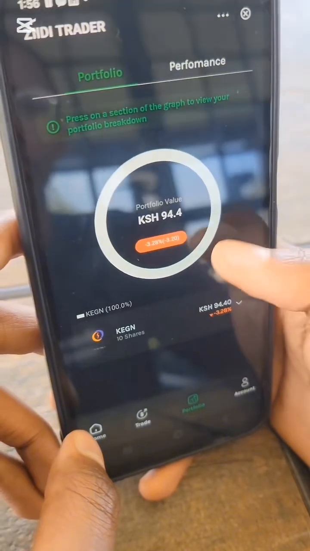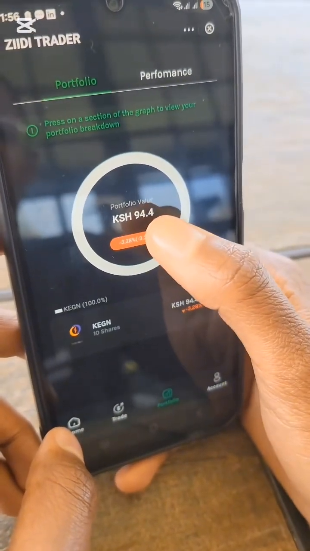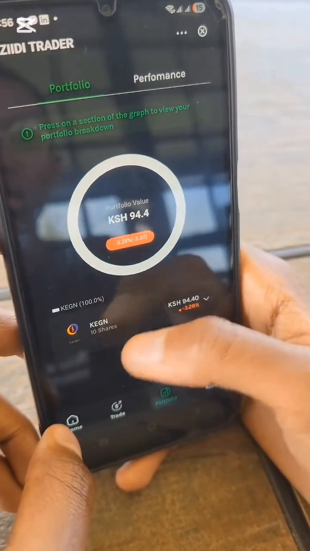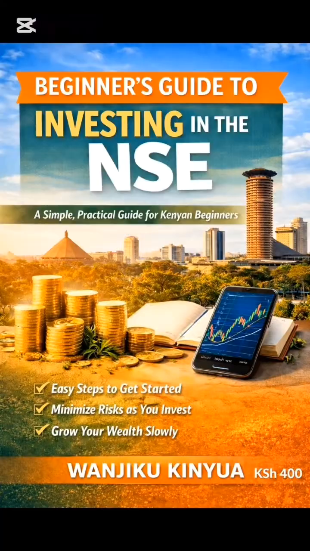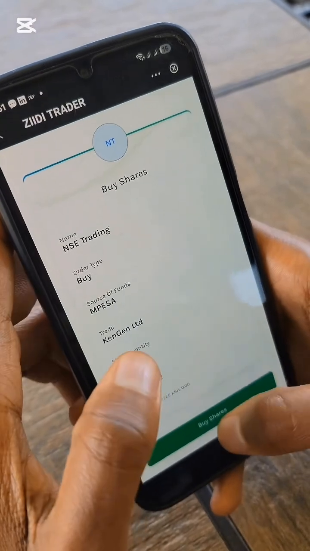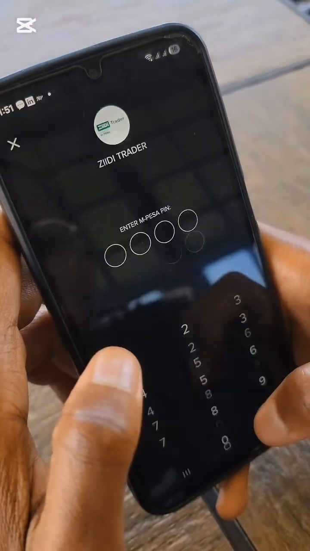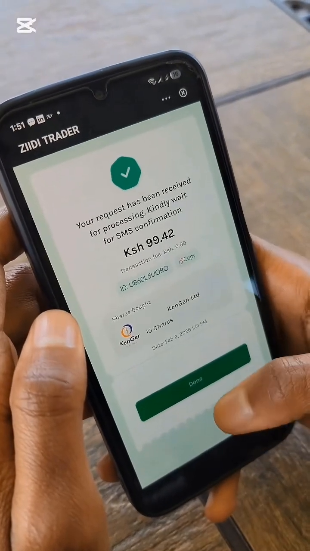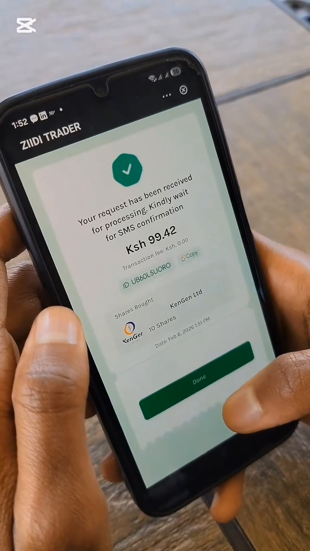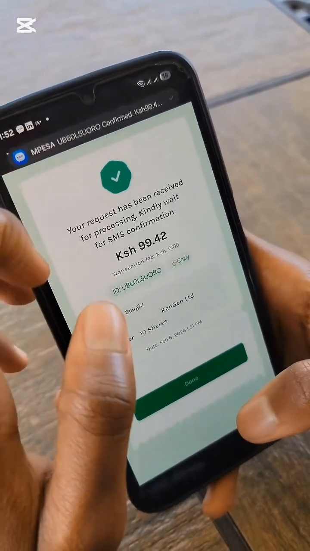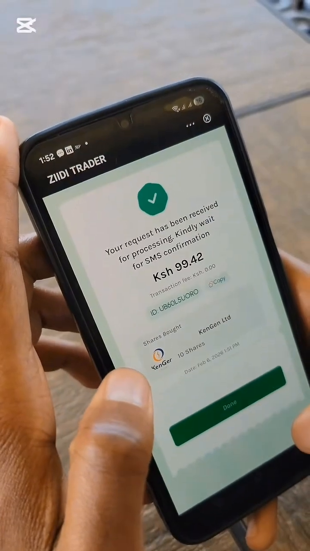As you saw on Friday when we were trading with my son, the money was deducted immediately when we entered the trade. And this makes investing feel as simple as making a regular mobile payment, maybe to your friend.